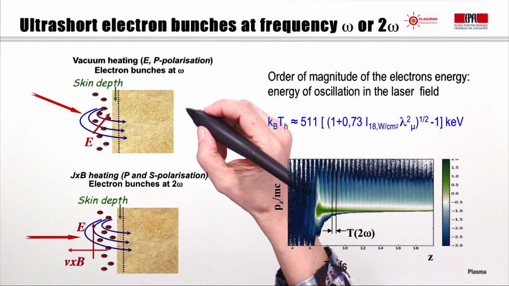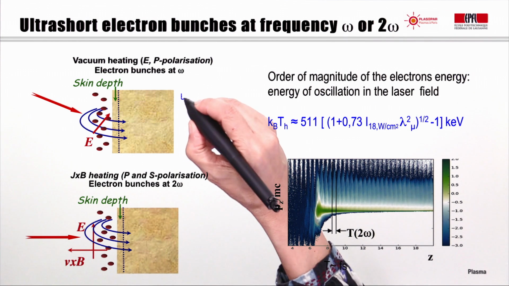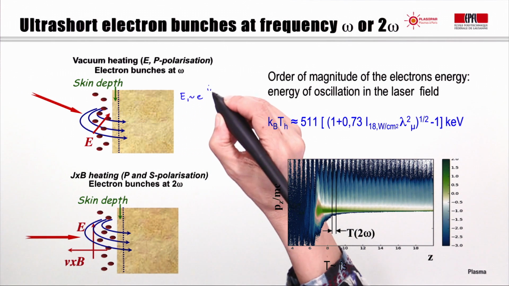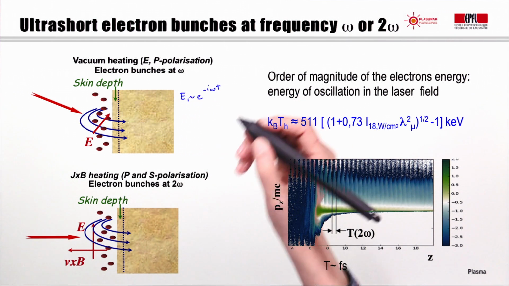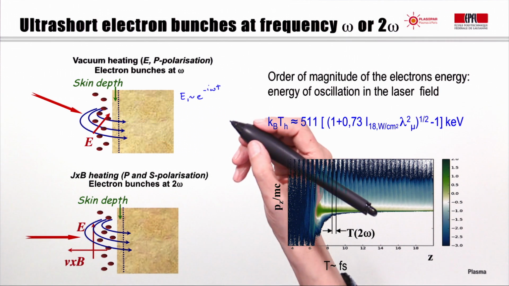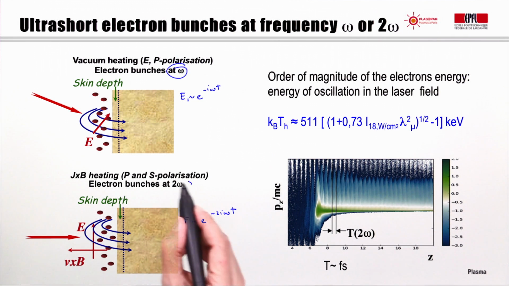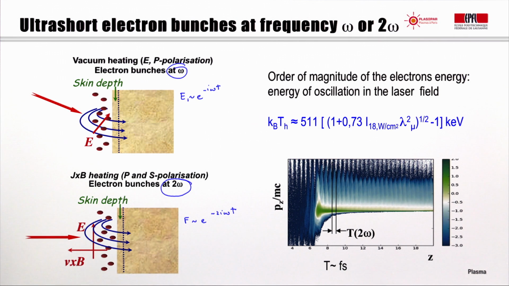In the first case, since the laser oscillates at frequency omega, particles will be injected by bunches at the laser frequency. In the second case, since the push and pull force is proportional to the exponential of minus 2i omega t, the particles will be injected at twice this frequency.